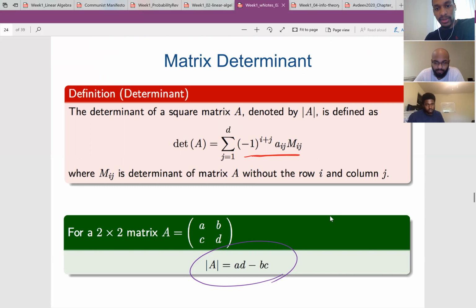So here for matrix A, it's equal to the sum of the elements A_ij times the determinant of the matrix without row i and column j.